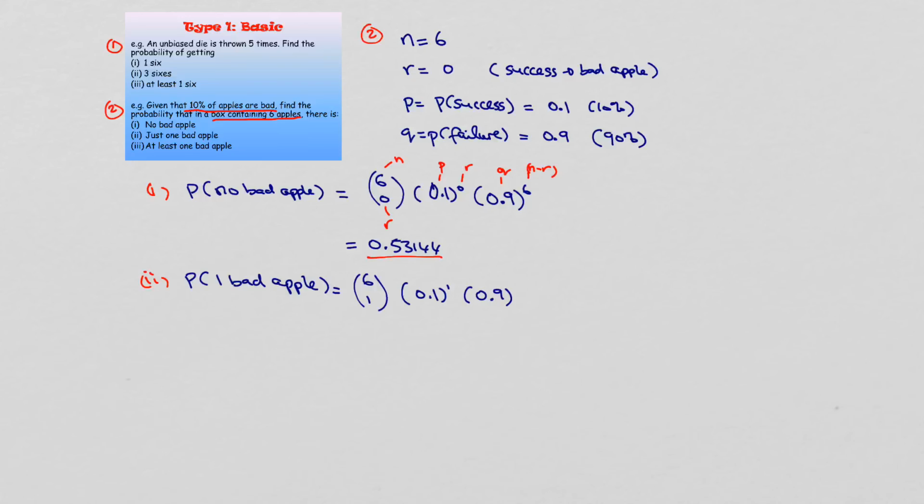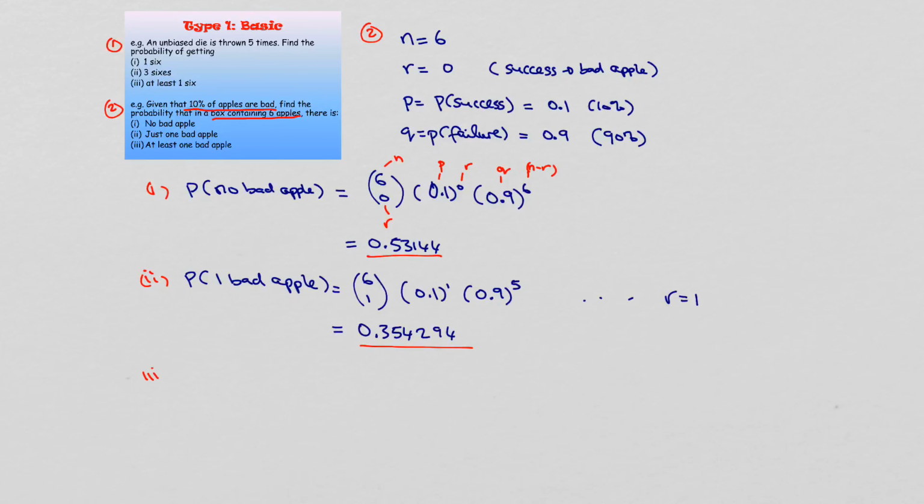And n minus r in this case is going to be 6 minus 1, which is 5. So therefore r is equal to 1 in this case, okay? We then put that into our calculator. We end up with 0.354294. And again, I'm putting down all the digits. I'm not rounding unless I'm told to in the question.